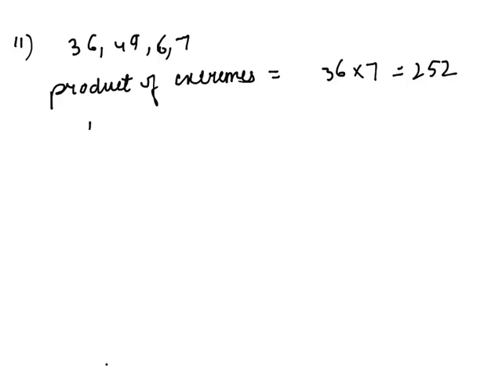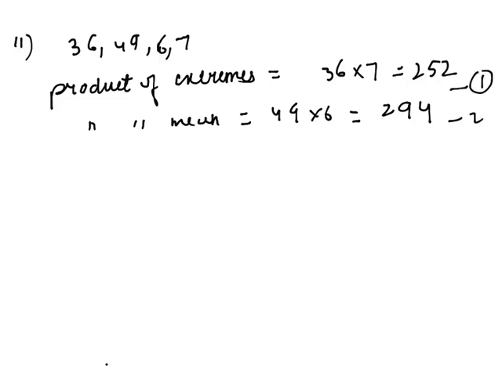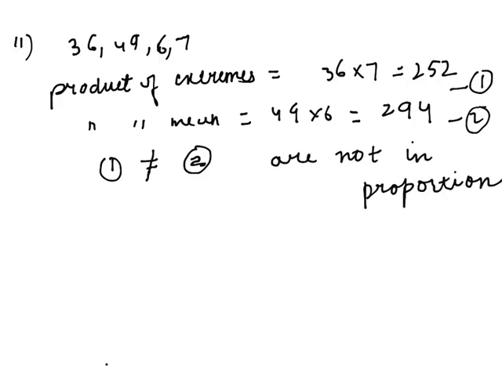Now the product of means, that is 49 times 6, the product of second and third, will come to 294. Let this be equation 1 and this equation 2. From 1 and 2, the product of extremes is not equal to the product of means, that is, 1 is not equal to 2. That means they are not in proportion.